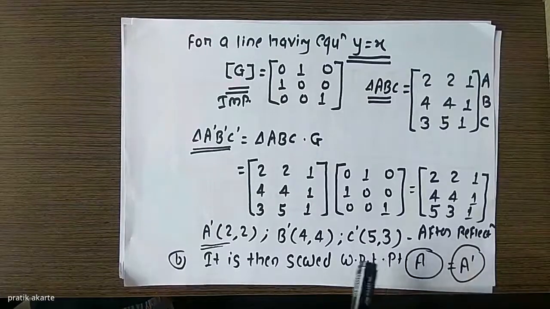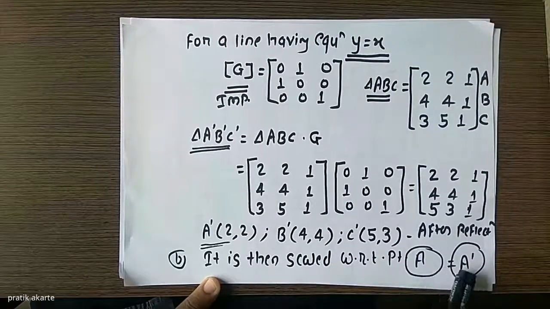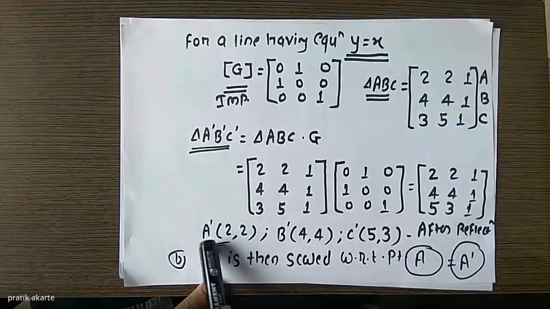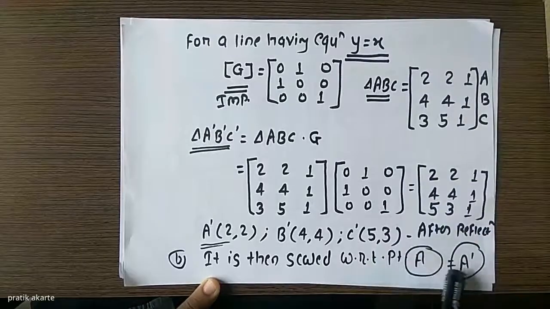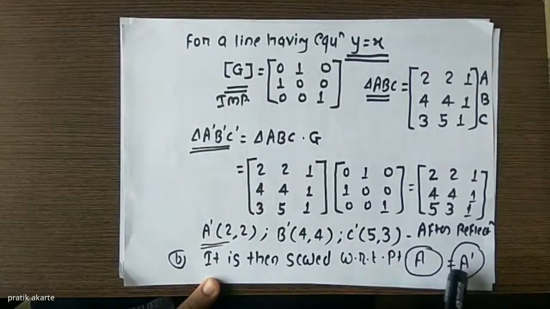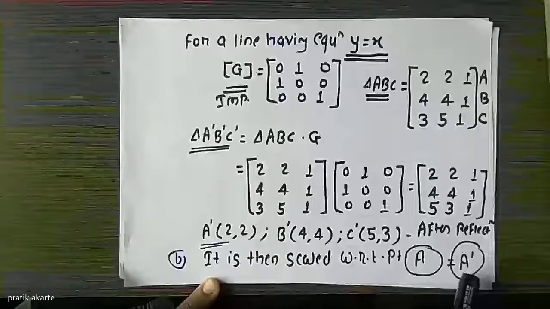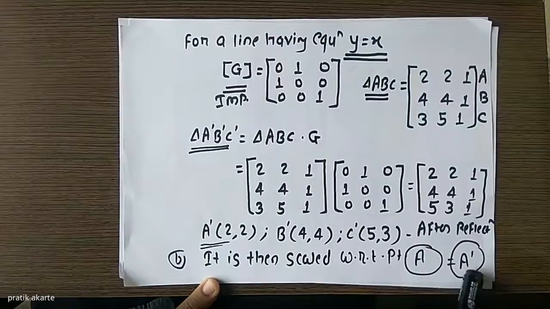Now we have to scale with respect to point A, which is now A dash, not this A point. But fortunately, coincidentally, these two points are the same. There is no change. But if this kind of problem occurs in the exam, you need to remember that you have to consider the point as A dash, not your A.